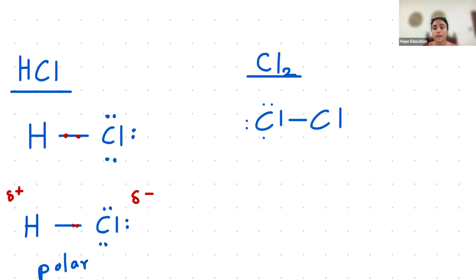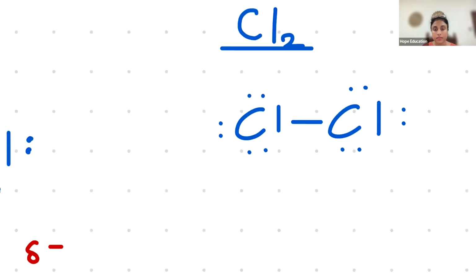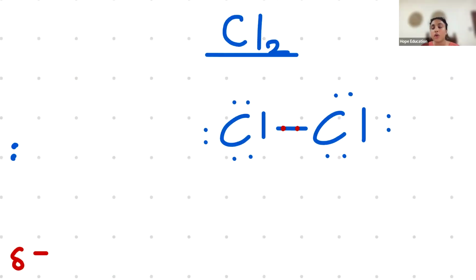Here also there are two electrons like this. Both chlorines have similar electronegativity. Both are chlorine, so the electronegativity of both is the same. So both attract with the same force. Think of a tug of war: if both teams pull the rope with the same force, the rope does not move to either side, right? Similarly here, both attract with the same force, so the electrons stay balanced in the middle instead of going to either side. So we say there is no polarity here.